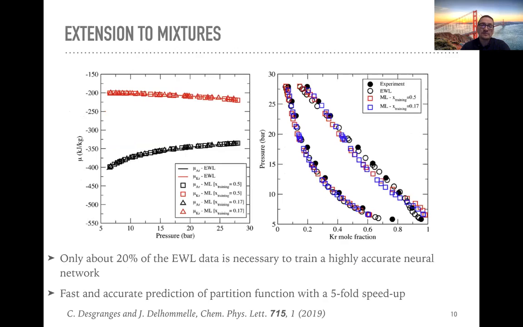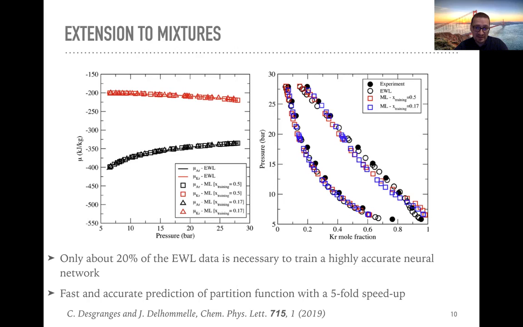Now the next step, obviously, is to think about what's going to happen, keeping in mind that at the back of our mind, we want to be able to predict everything that happens for a gas separation, so everything that happens for mixtures. There, machine learning becomes extremely efficient and useful, because when we think about mixtures, we have a multi-dimensional space to sample. With flat histogram simulation, that's a tremendously computationally intensive task. Machine learning allows us to bridge between the results obtained for a few sets of conditions.